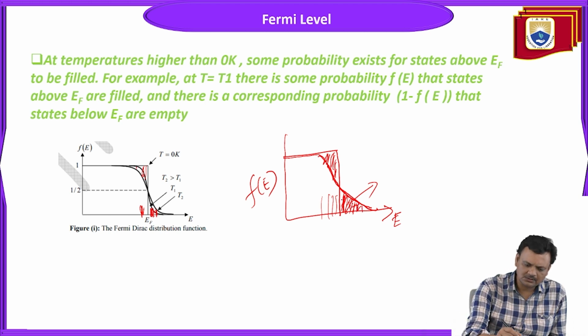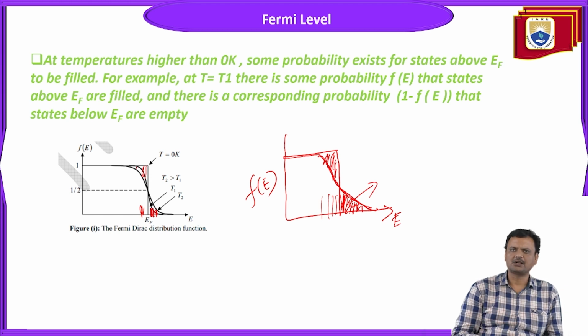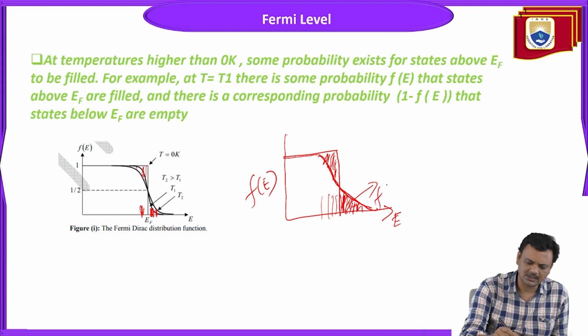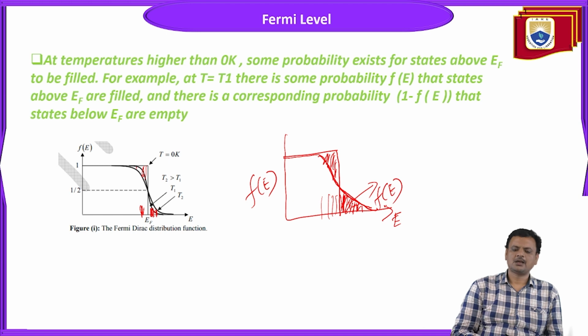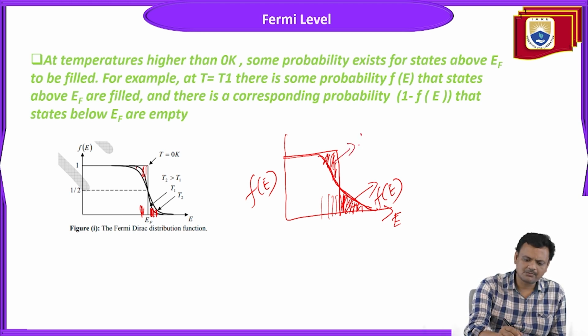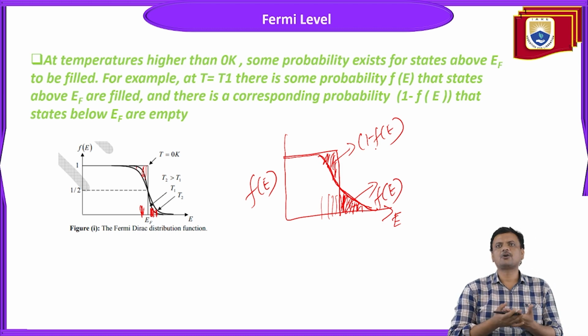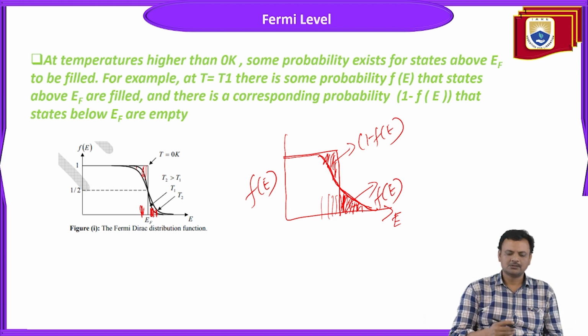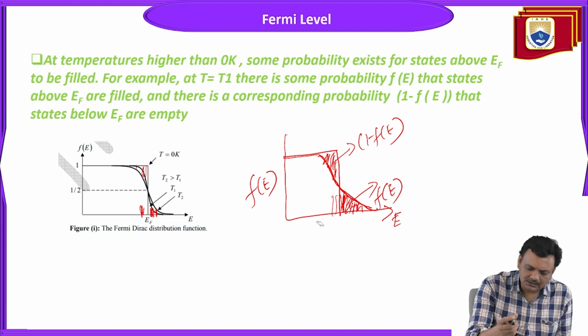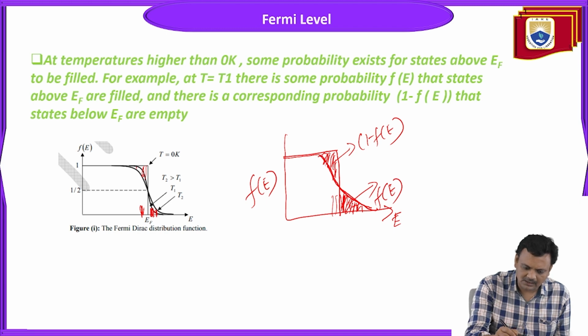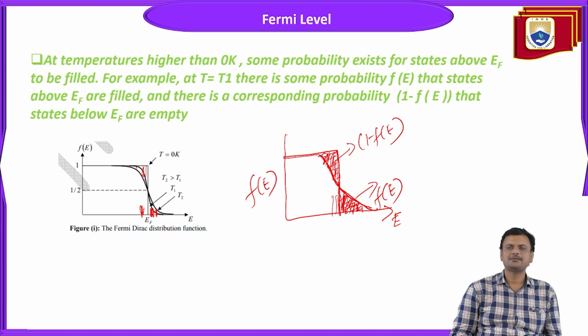This region will be filled by some electrons, so that is F of E, and this region is 1 minus F of E, the chance for an unoccupied level. What I am trying to say is that these regions form a symmetrical curve around this line, so the area of this region is the same as the area of this region.